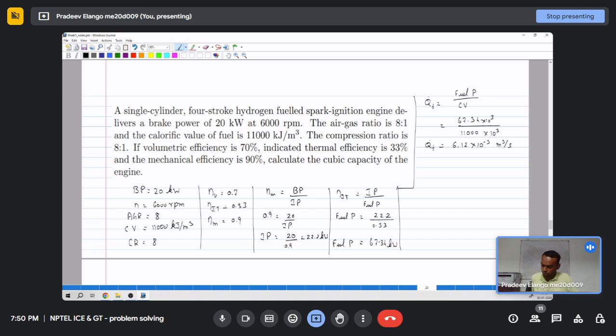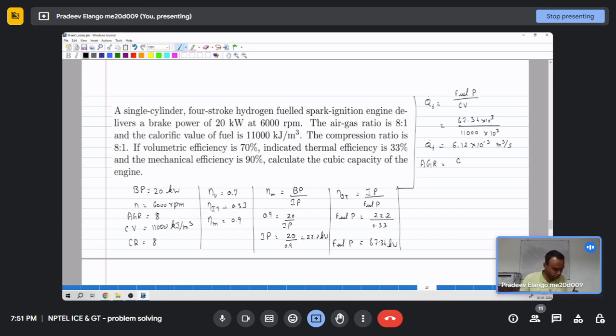Now fuel flow rate we have calculated. So from air gas ratio we can find out the flow rate of air and gas.